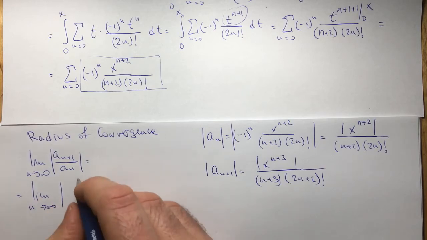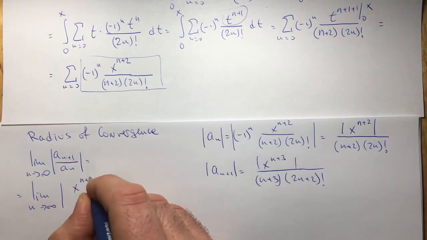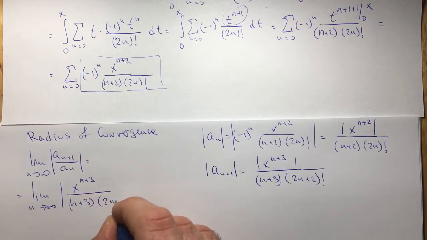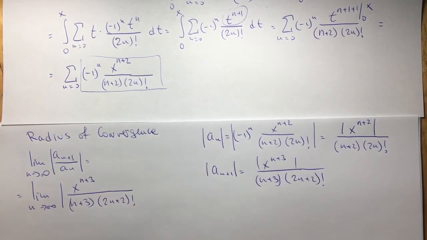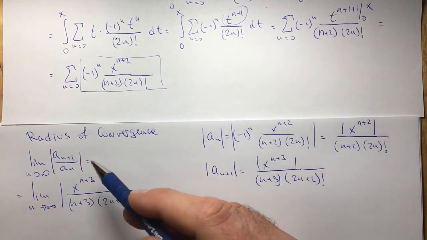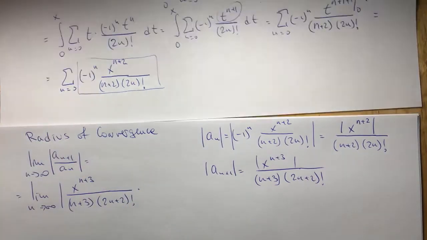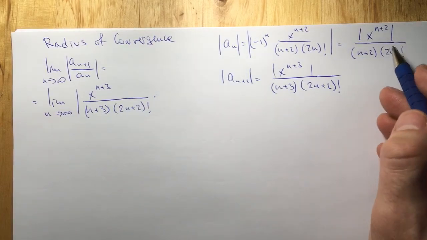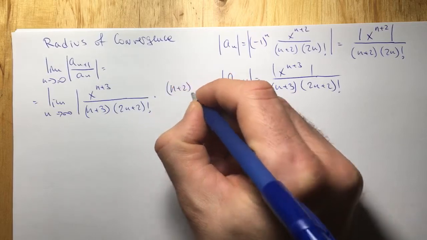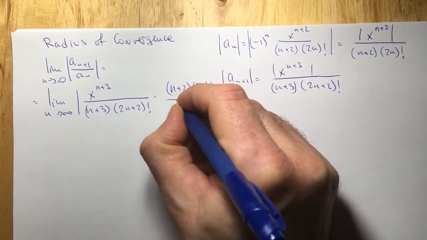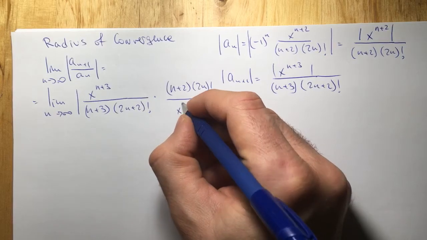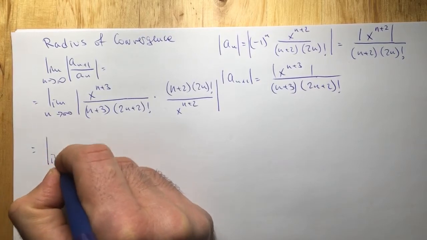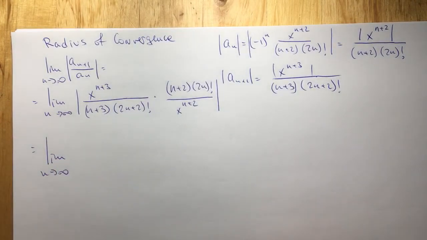So that's the limit of x^(n+3) over (n+3)(2n+2)! over a_n, which is the same as a_{n+1} times the reciprocal of a_n, which is (n+2)(2n)! over |x^(n+2)|. Okay, so this is the limit as n goes to infinity.